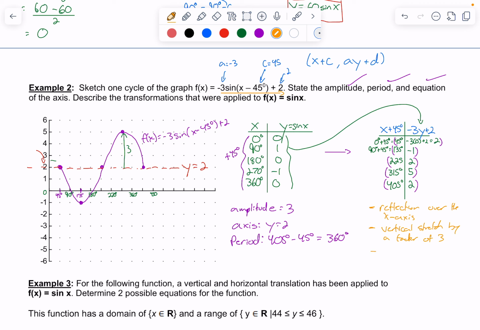And then you have that 45 you talk about. So that was a horizontal shift by 45 degrees. Oh, sorry, shift right 45 degrees. And then the last one was a vertical shift up 2 units.